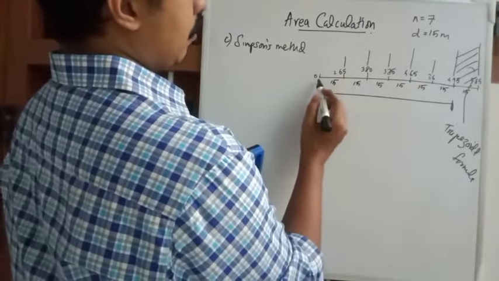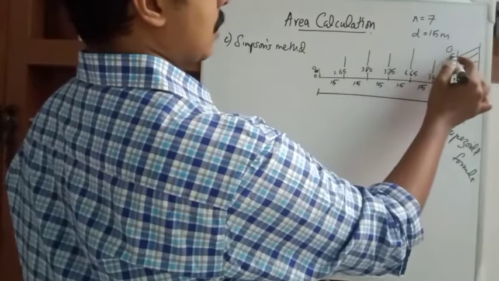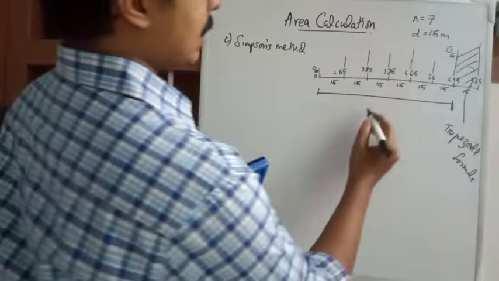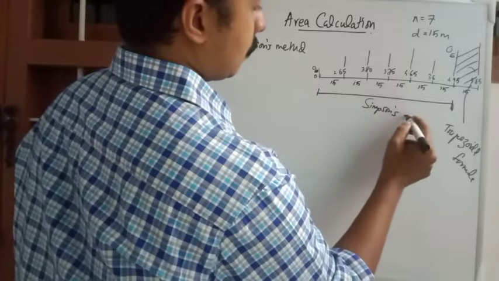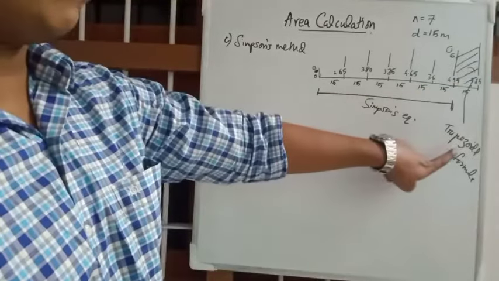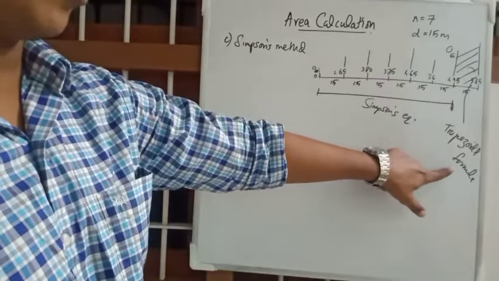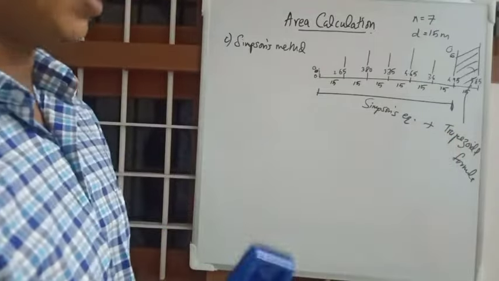From O0 to O6 we will use Simpson's equation, and the last division only by the trapezoidal formula, and adding these two we get the final answer using Simpson's method.